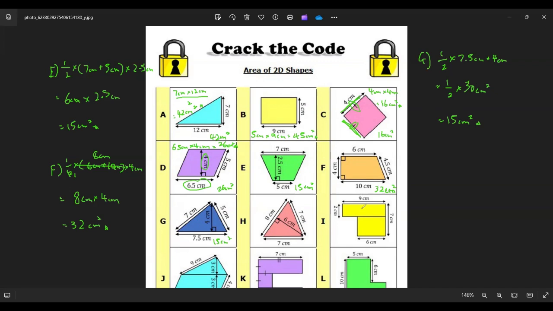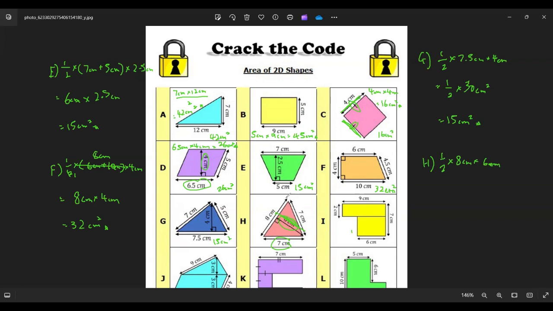And now for the last question, question H. This is also a triangle. So 1 over 2 times 8 cm times 6 cm. The reason why I did not use 7 cm with 6 cm is because the height is indicated here, this line.